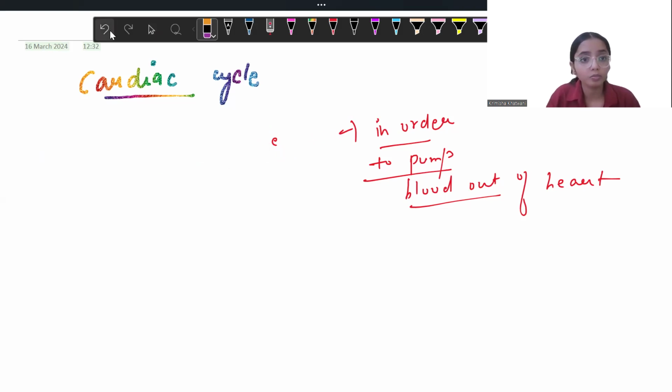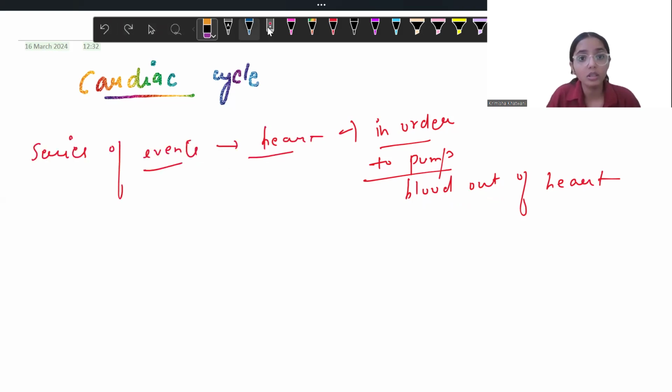Now, let us see what are the different phases of cardiac cycle. But before that, I told you the definition: cardiac cycle is nothing but a series of events.